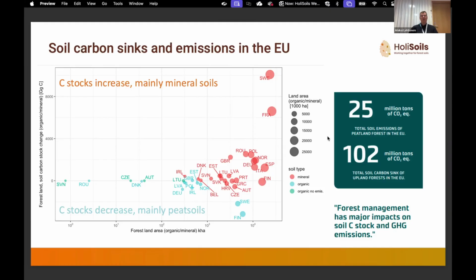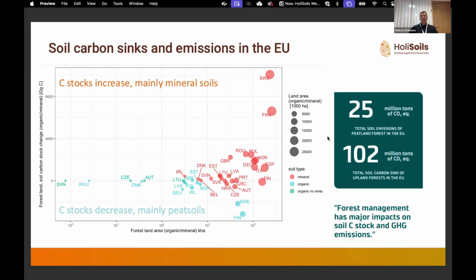So most of the red bubbles are sinks. Most of the member states have a sink in their upland mineral soils, but these blue bubbles are mostly below the zero line. So most of the member states are losing soil carbon from their forest peatland soils.